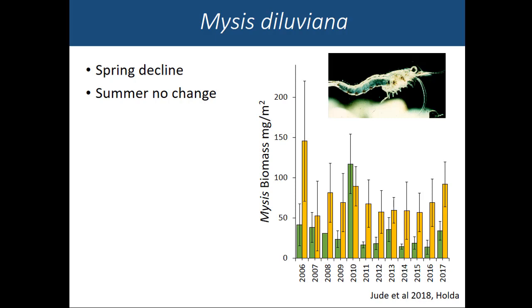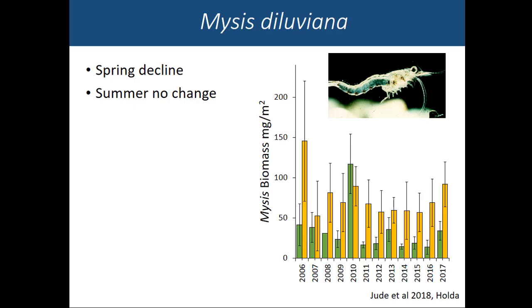What about mysis? In some of the lakes around, in Lake Ontario for example, we can have mysid biomass being 20 to 30% of the total zooplankton crustacean biomass. And that's not included in any of these numbers that I showed you so far. We have a spring decline and a summer no change in the data we have since 2006, but that's only those two periods we just compared.